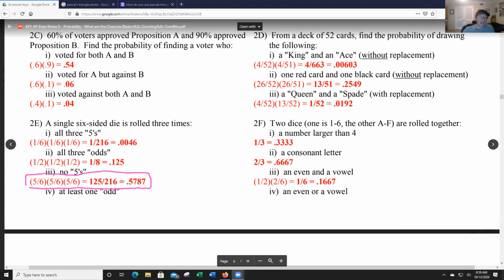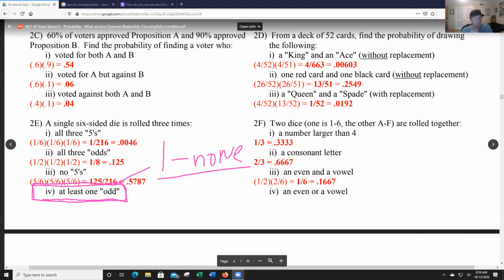Okay. Now, I'm going to circle this one. This one, you have to know at least 1. They love these problems on the AP. At least 1 is 1 minus none of them. So at least 1 odd, I'm going to go 1 minus the chances of getting all even numbers, which is 1/2 to the 3rd.